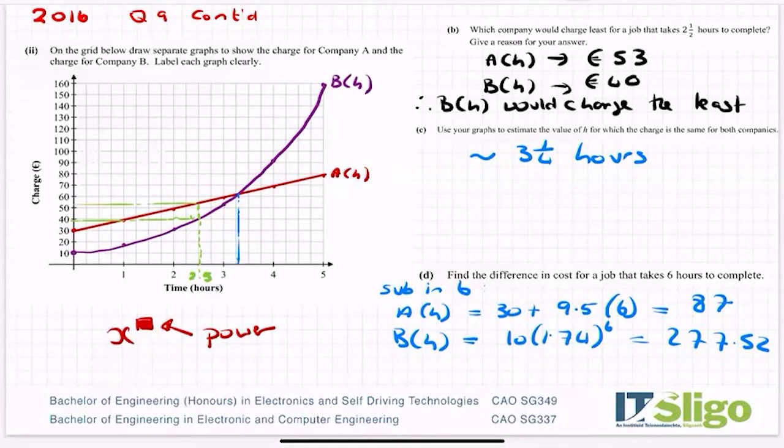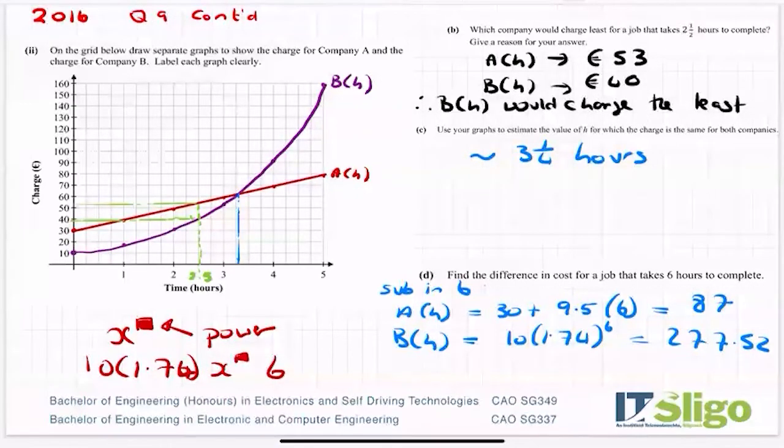The danger is that you put in 1.74 and 6 on the same level, and that's a very easy mistake to make, but it's in the power. So you need to not write in that 6; you need to hit that button and then put in the 6.